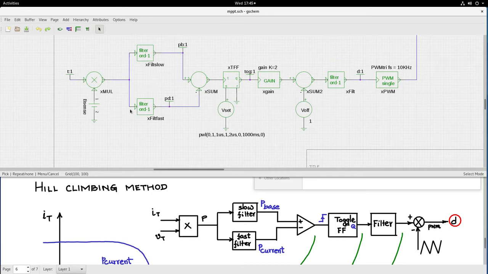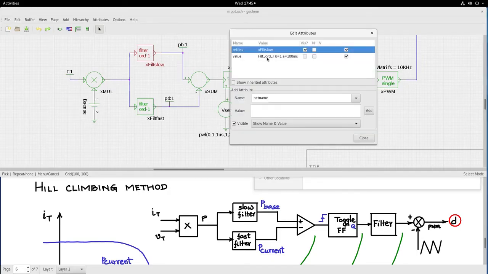And the same power is passed through another first order filter with a different time constant. I will call it the fast filter, and I will say PD, P dynamic. Within the filter, if you see the value here, it is calling the subcircuit filt underscore order underscore 1.